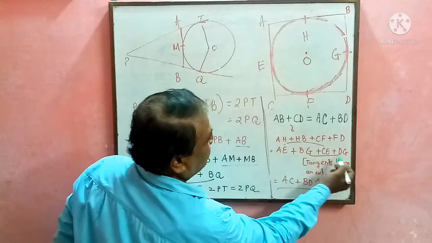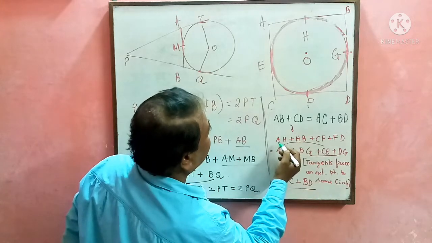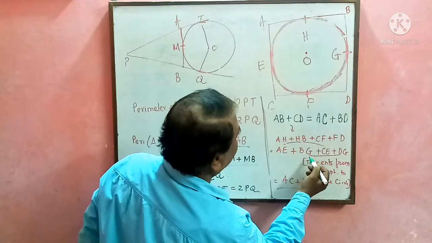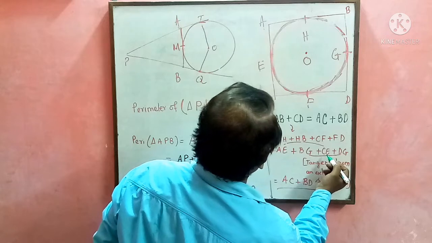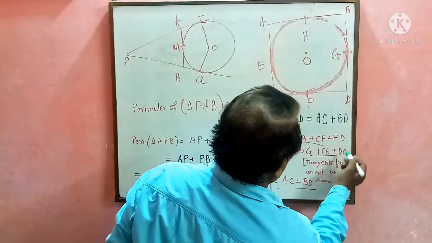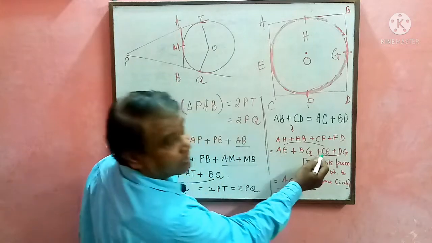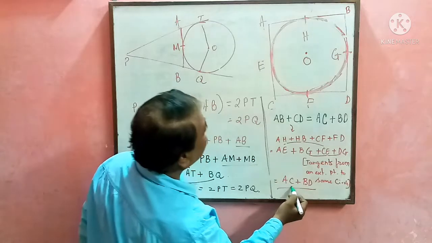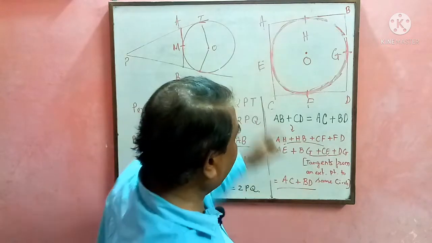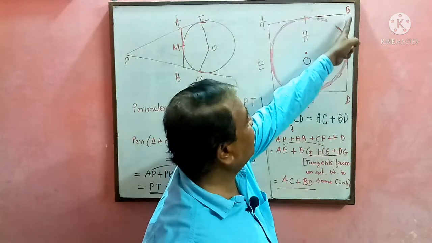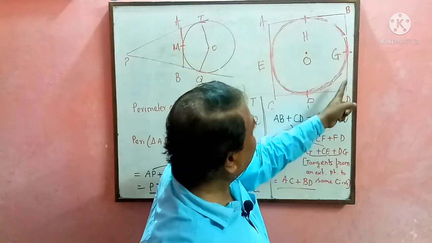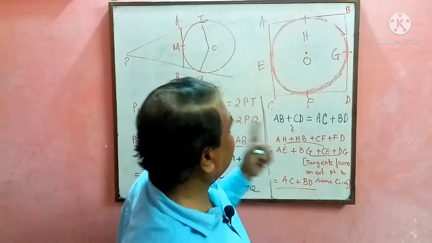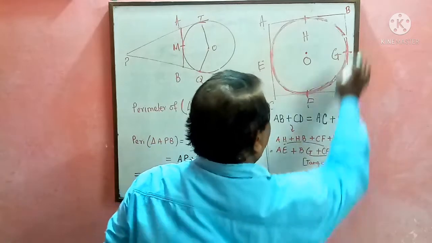That's what we have changed here. Now if I add AE plus CE, this is nothing but AC. Again, if I add BG plus DG, this will be BD.